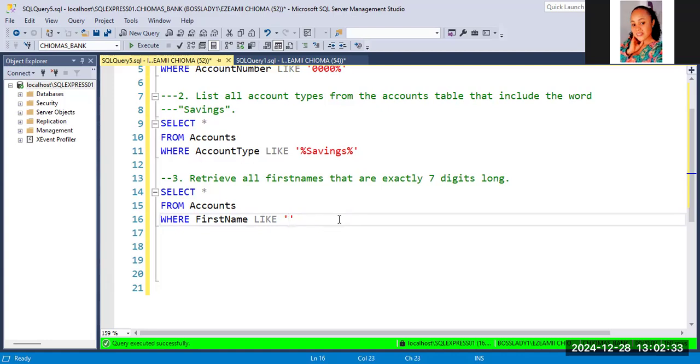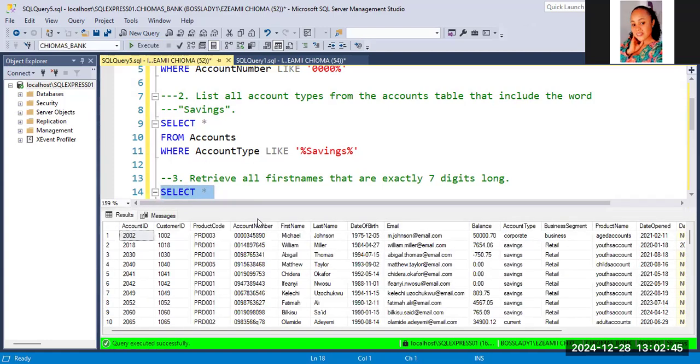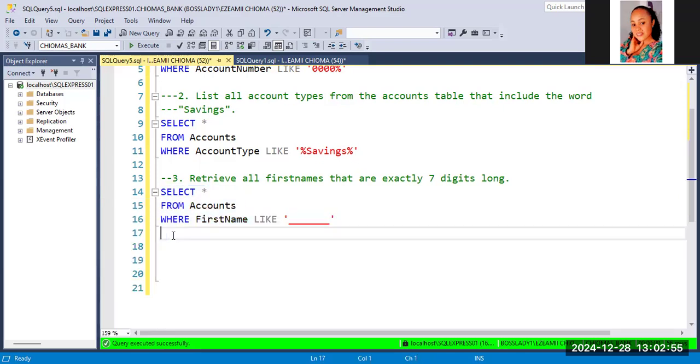So we're going to use the wildcard, that is the underscore. We're going to count it: 1, 2, 3, 4, 5, 6, 7. So this is going to give us only those customers whose first names are 7 characters long. If you check this out, it will only give us customers whose first names are 7 characters long. All right. So this solves our question number 3.